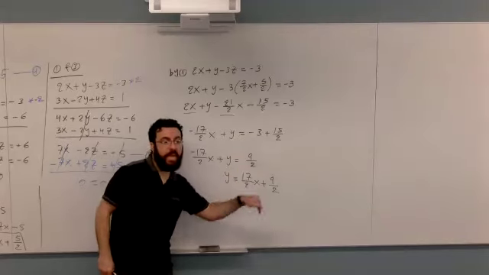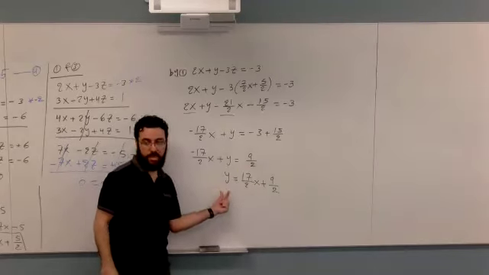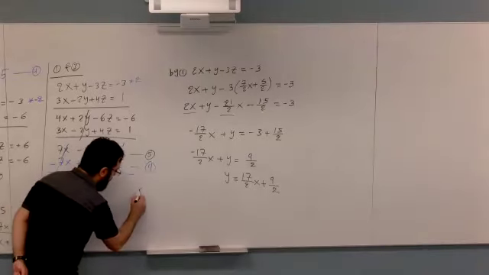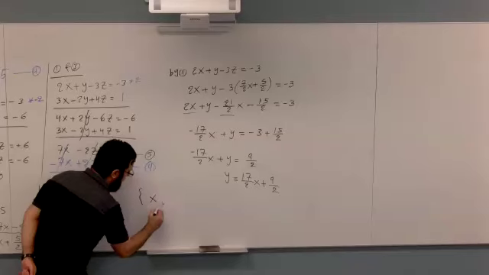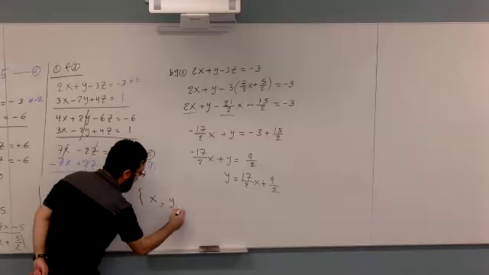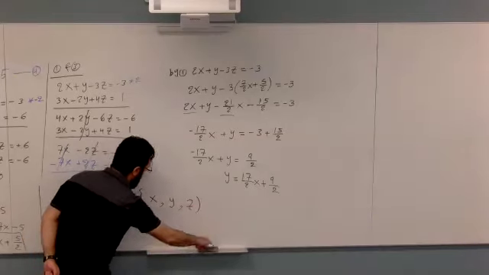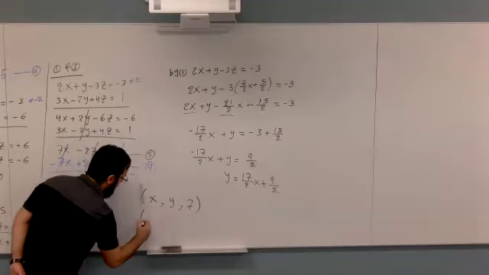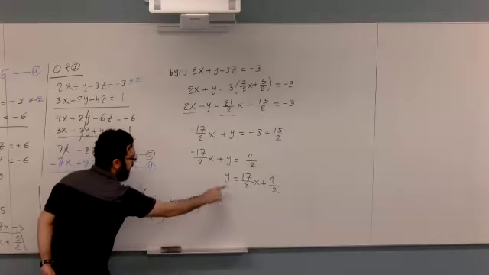So every time I plug in x, I'm gonna get the value of y. The same thing with z. Z is dependent on which variable? X. So as a solution, I'm gonna say it's x, y, and z. Yes or no? X, y, z. X, how much is the value of y?